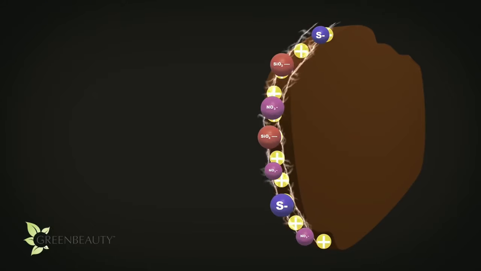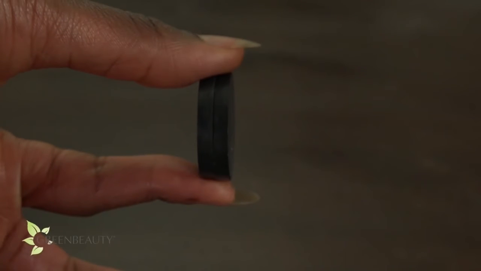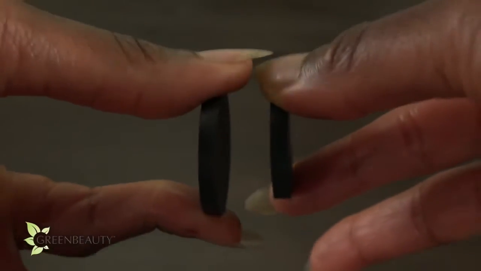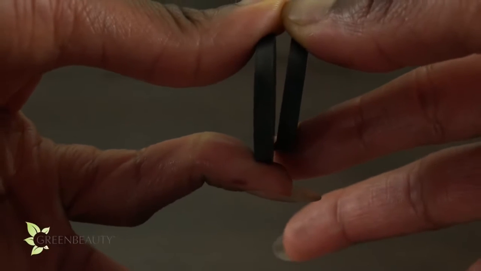Because according to electromagnetics, opposite charges attract while like charges repel. Just like with magnets, the positive charged side of one magnet has a strong attraction to the negative charged side of another magnet. But if both sides are positive, or if both sides are negative, they will repel each other.